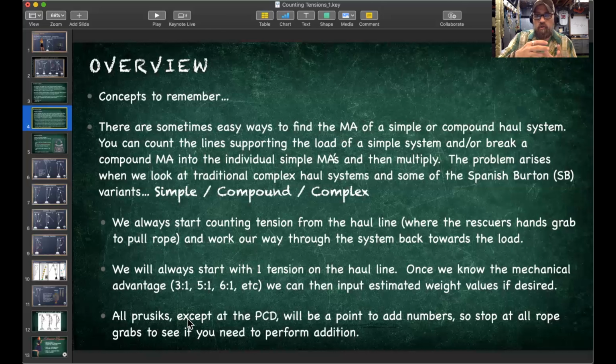It's always going to be an addition sign, except if you happen to be using a camming device as a progressive capture, which all that does is hold your load when you let go of the rope. So whether that's a prusik or an internal camming device, or a gree or whatever you're using, that is not going to be a point of addition. It's just going to be those things that are used as rope grabs. And we stop at all rope grabs to see if we need to perform addition.